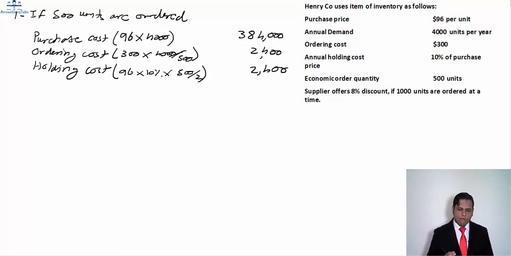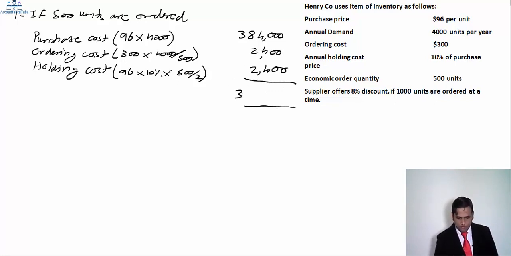Do you know why we have got the same figure for ordering cost and holding cost? Because 500 units is our economic order quantity, and we have just learned that at EOQ level our holding cost and ordering costs are the same, and the sum of these two will be minimum. Adding all three figures together, we get 388,800.